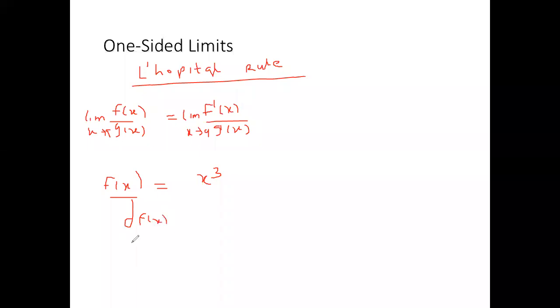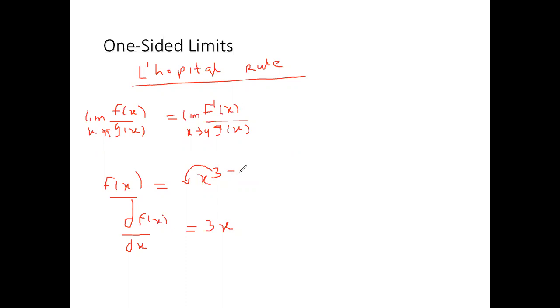with respect to x, then what you do is you bring the power down and multiply. So you have 3x, then subtract 1 from the existing power.